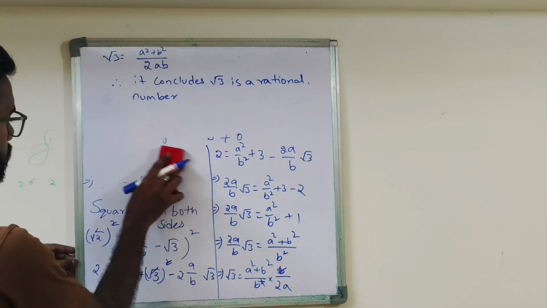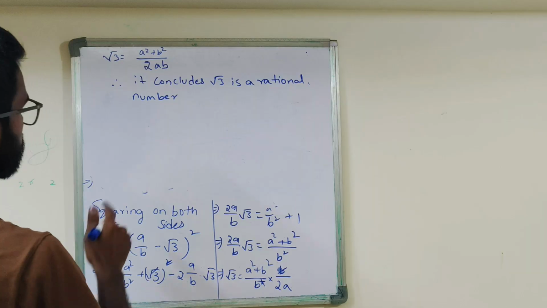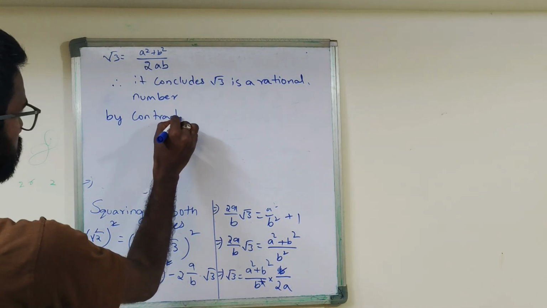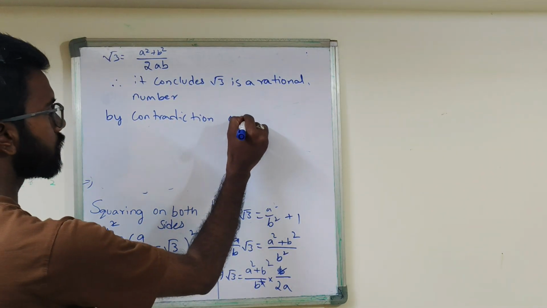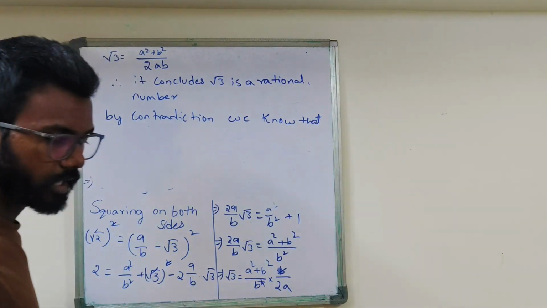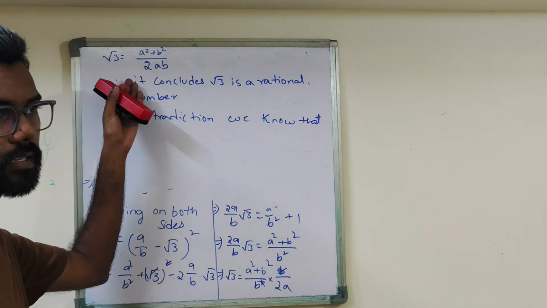But by our contradiction, we know root 3 is an irrational number because it is a square root number.